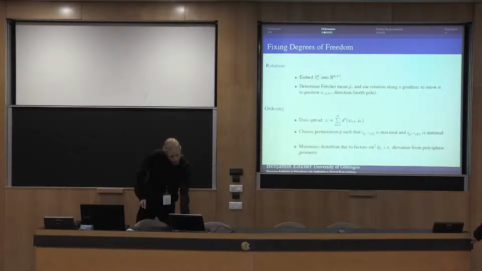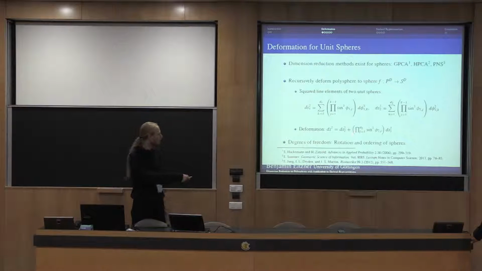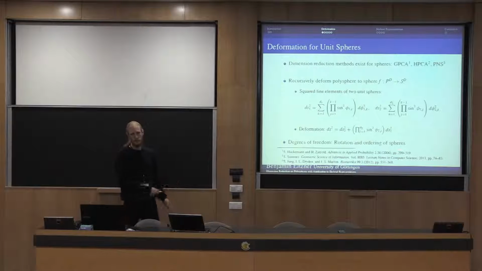Here, right, at the very boundaries of the sine, for close to 0 or close to pi. And this is exactly what we try to avoid by using this data-driven sorting of the spheres.